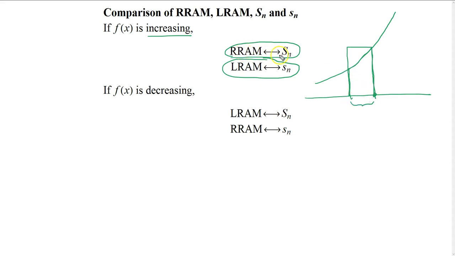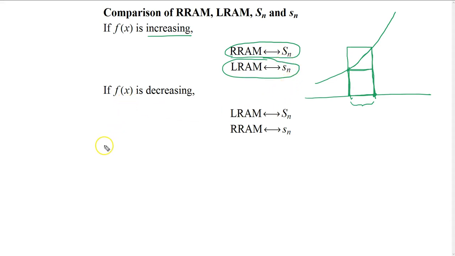So RRAM corresponds to our upper approximating sum, and if you evaluate the height of the rectangle using the left-hand endpoint, you'll get the area of this rectangle. The left-hand endpoint is where our function has a minimum value over this interval, and so LRAM corresponds to the lower approximating sum.